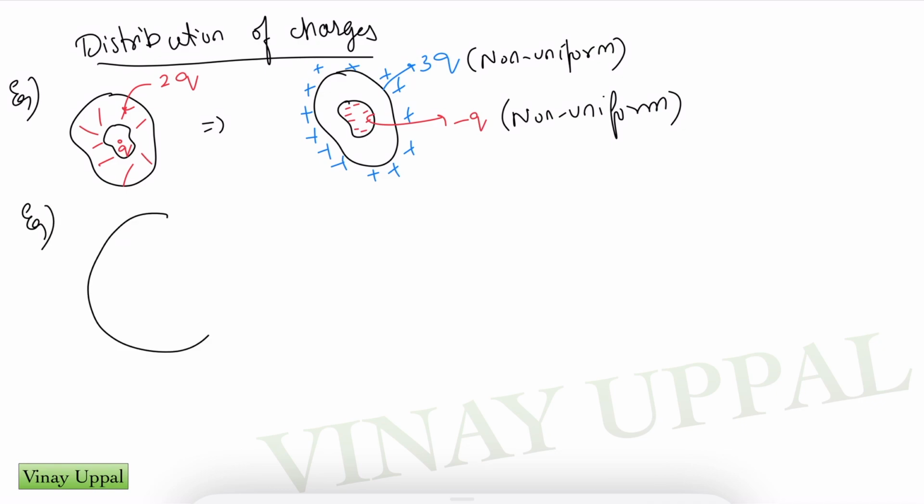So suppose I have a spherical surface. I have a random shaped cavity here. So once again, the conducting material is this red shaded portion, and I have a point charge placed. 2q charge is placed on the conductor. So minus q will appear on the inner surface. Now because the cavity shape is not a sphere, it's random, so that will be non-uniform.